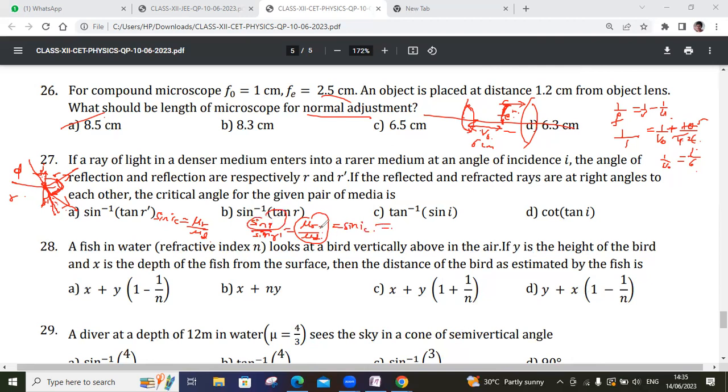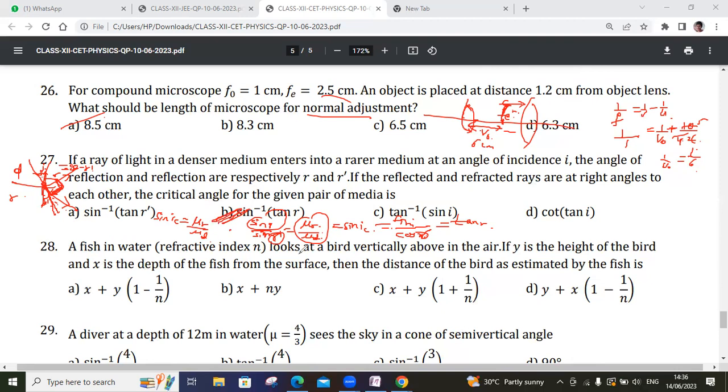Now r dash can be written as 90 minus r, because r plus r dash will be 90 degree. So r dash is equal to 90 minus r, and sin of 90 minus r becomes cos r. And above it is sin i, and i is equal to r because of the law of reflection. So sin i by cos r is tan r. So ic is equal to sin inverse of tan r.